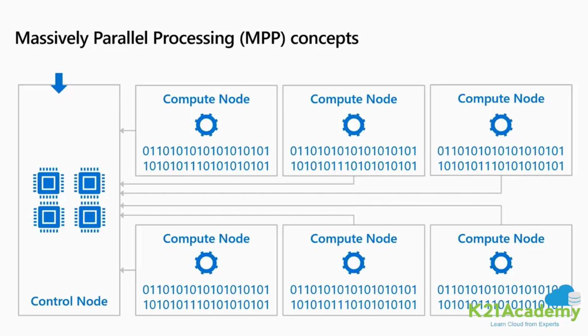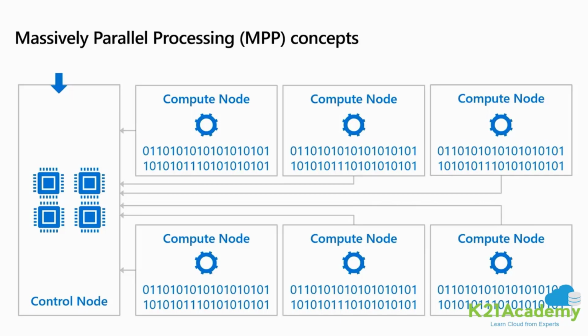Imagine that there is one Azure Synapse Analytics where we have 60 compute nodes, and these 60 compute nodes are sitting on top of 60 storage nodes. If I run a query, the control node will break my query into 60 smaller pieces, and these 60 smaller queries will be running in individual compute nodes.